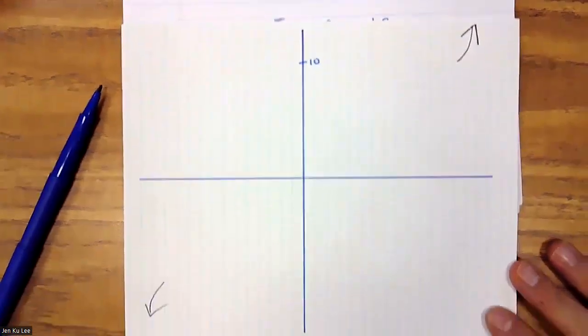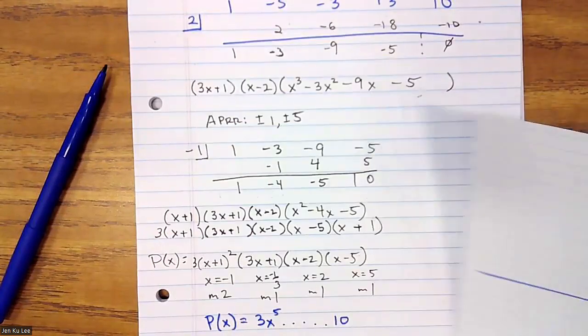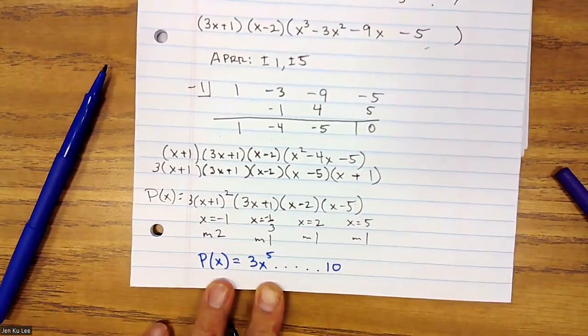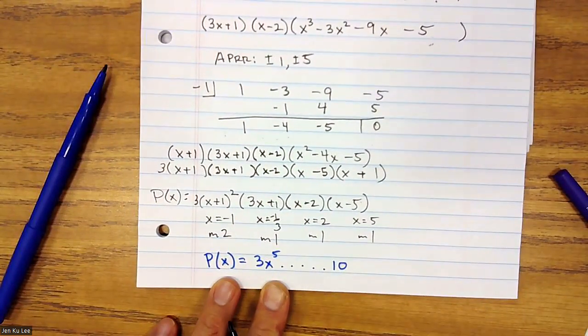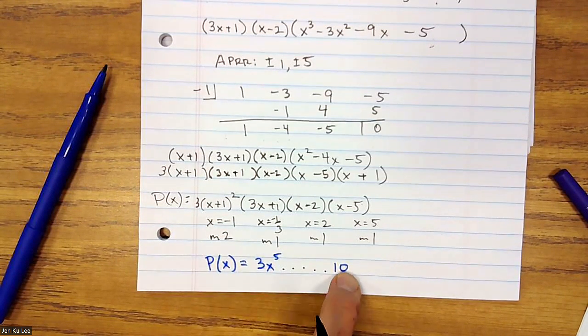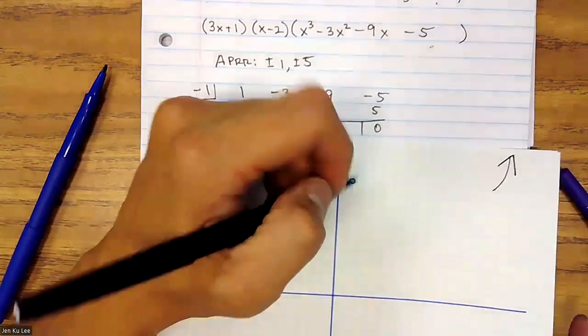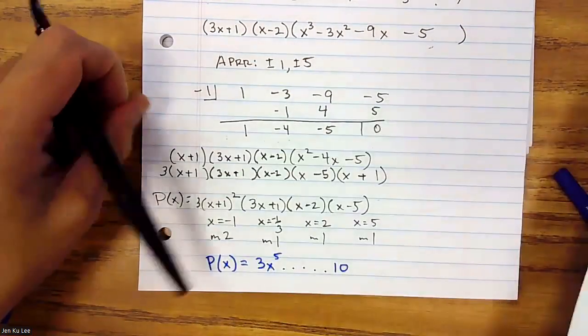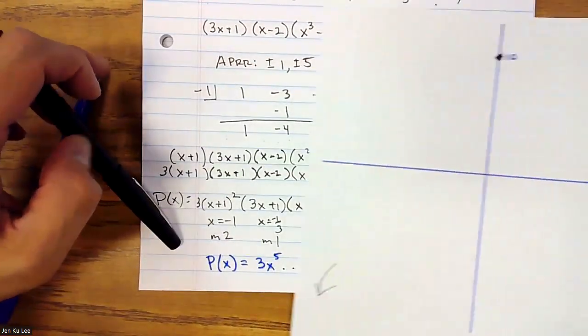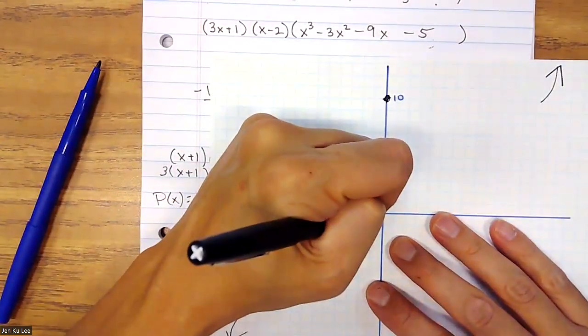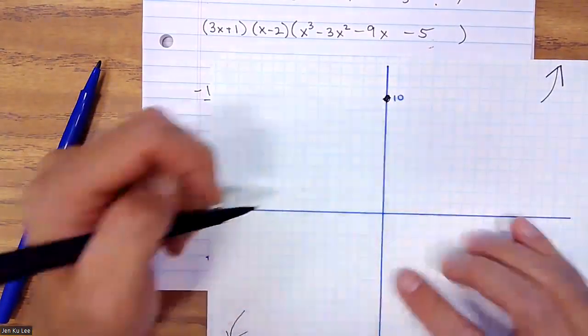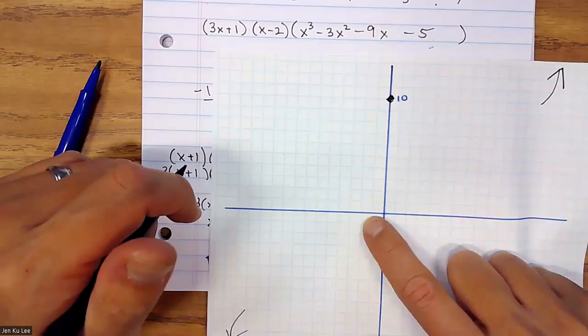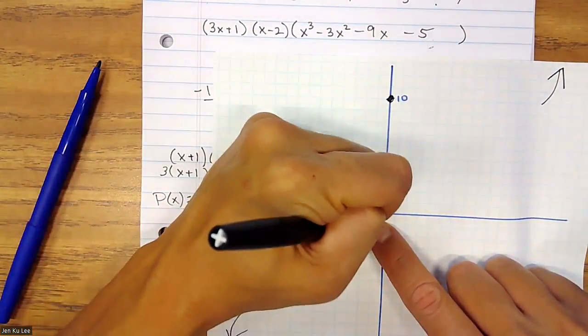Okay. What's my y-intercept? My constant would be 10. Okay. I'm going to graph all of my zeros. So that's 1. I want to make every 2 blocks on my y-axis 1.